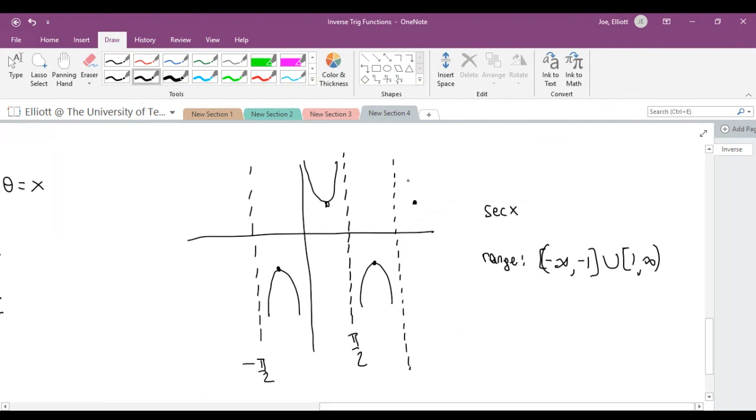So this secant function, if you look at it, it's not a one-to-one function, right? You guys remember what it meant? I think you guys talked about it, right? What does it mean for a function to be one-to-one?